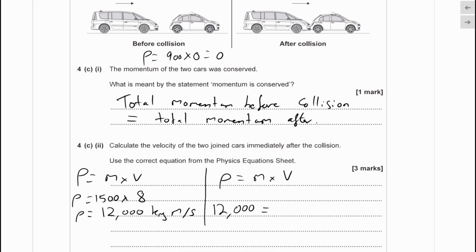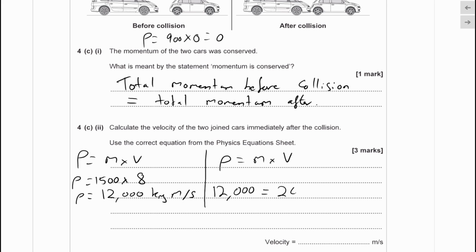All right, so I replace mass with 2400, and that is times the velocity. I now rearrange to get velocity on its own by dividing by the mass. So I get 12,000 divided by 2400, which is going to give me an answer of 5 meters per second. All right, and so that is my answer, 5.